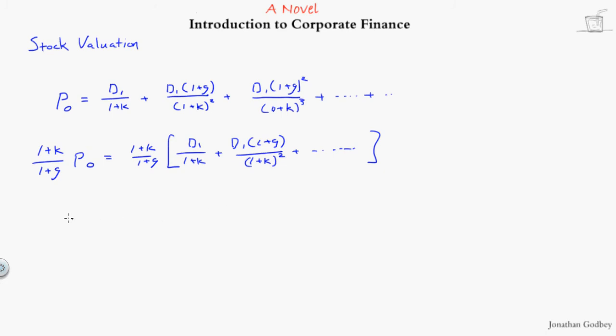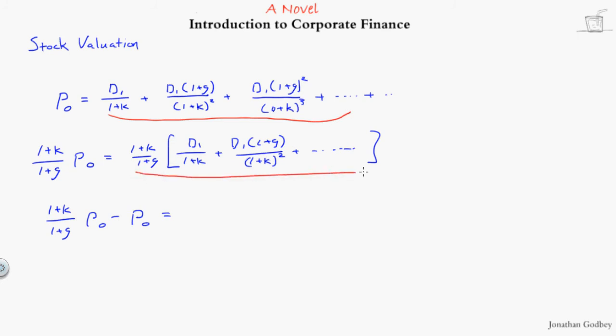I'm going to leave a lot of this algebra to you to work out. If I take 1 plus K over 1 plus G times P0 minus P0, what does that equal? It's going to equal basically this term right here, or excuse me, it's this term right here, the first term.